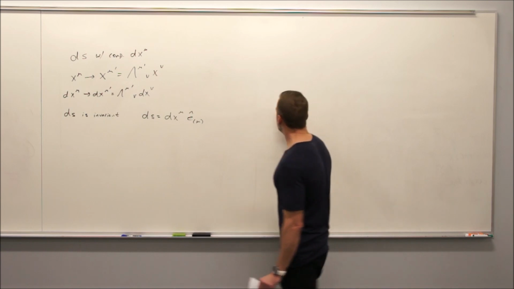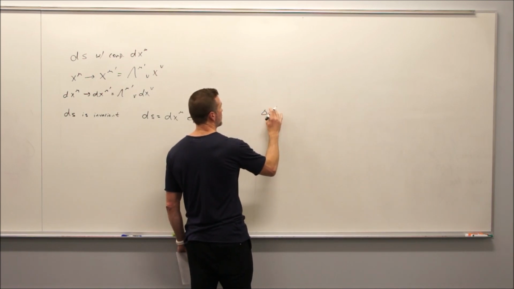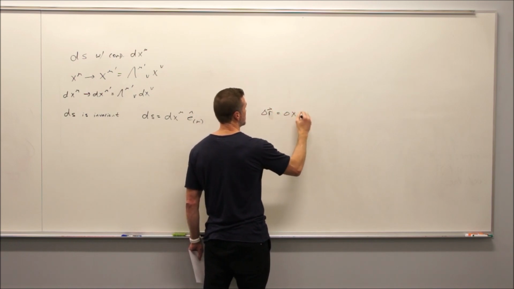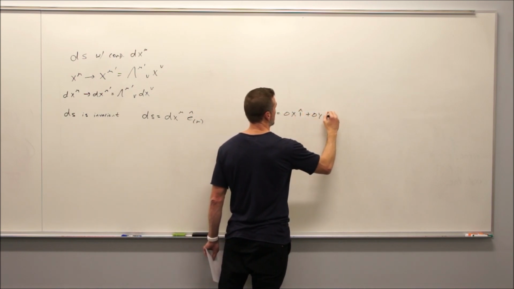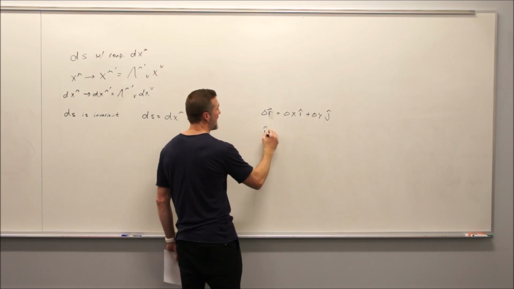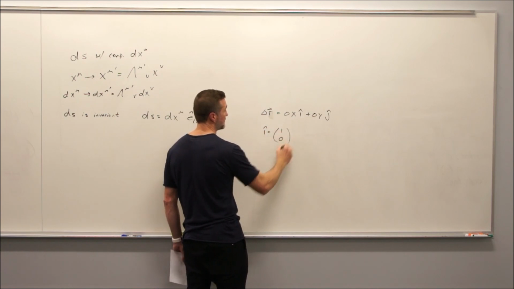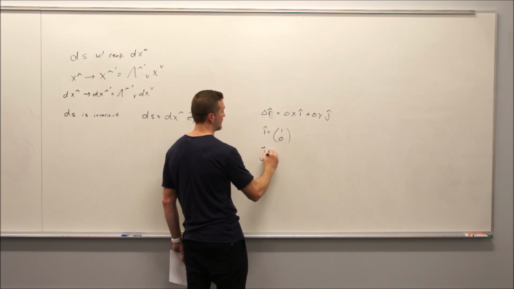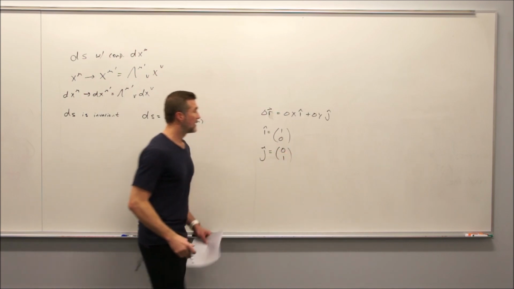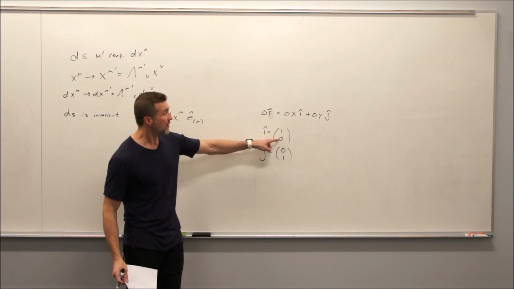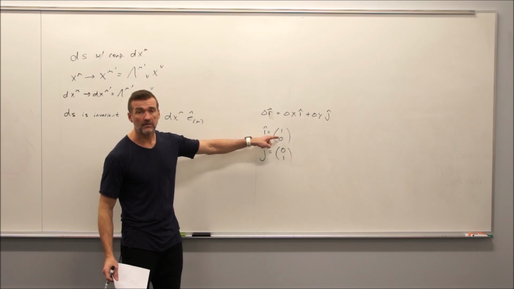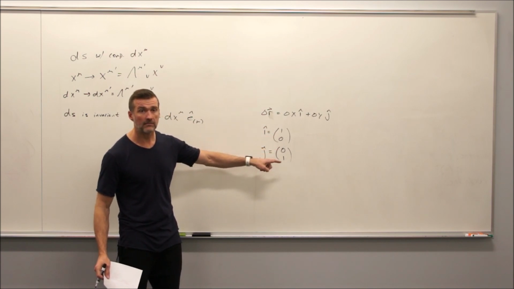So for example, in the more familiar scenario, and I'll just do this in 2 dimensions for brevity. Remember, i hat itself is a vector, and j hat is a vector. So i hat has components. It has x component and y component, and j hat has an x component and a y component.